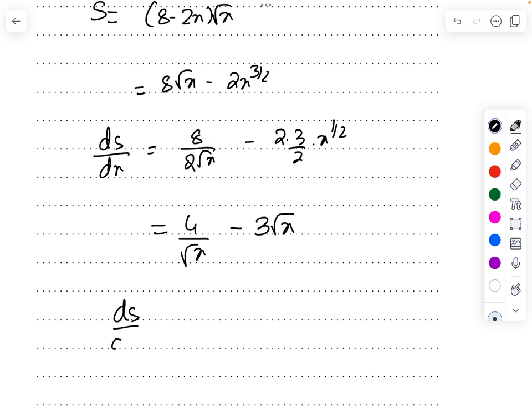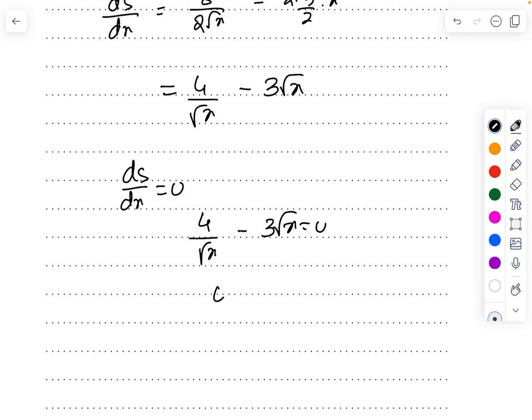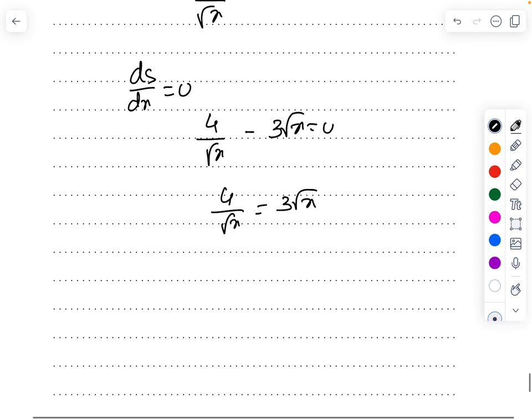Now ds upon dx should be equal to 0. In that case, 4 upon root x minus 3 root x should be equal to 0. 4 upon root x equals 3 root x. So 4 equals 3x, x equals 4 upon 3.